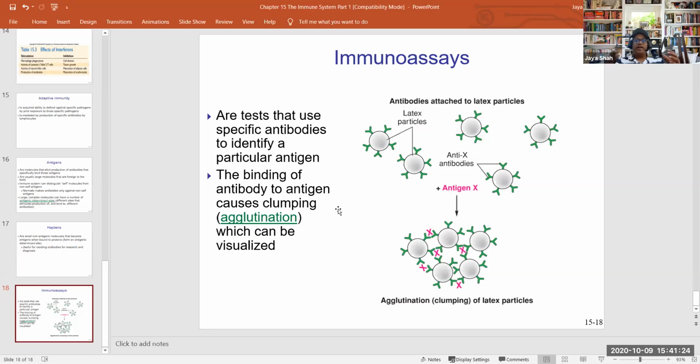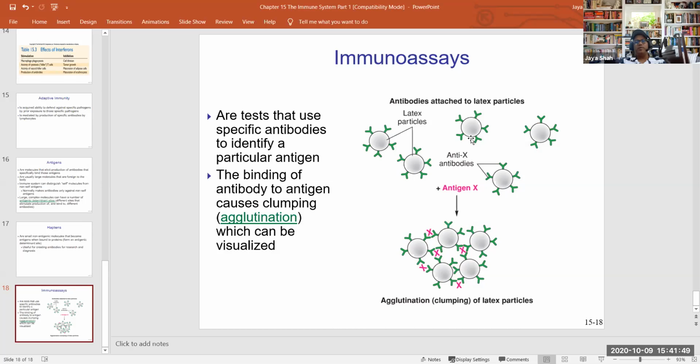So when antigen and antibody bind with each other, they agglutinate, and that process is called agglutination. And when we have to detect any antibodies in your body, we do an assay, and that assay is called an immunoassay. Okay, so how do we do it? Look here in the diagram.